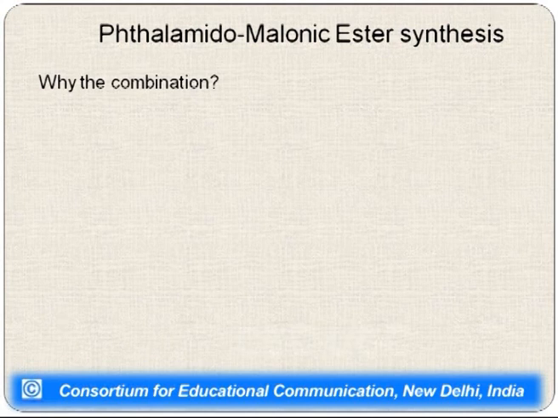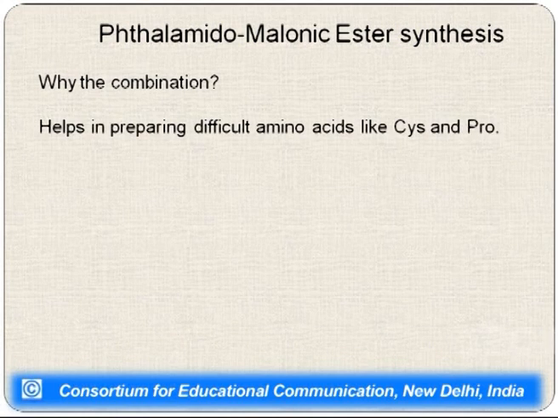Now, I asked you why the combination, why there was a requirement of the combination happening, when phthalimide synthesis was also doing something and malonic ester synthesis was also doing something. So, one point I made is that there may be a problem with the yields, so better yields come with this combination.